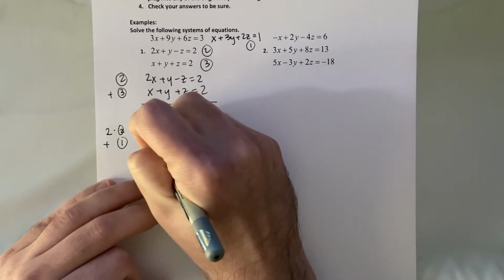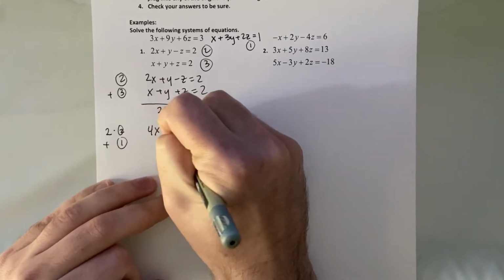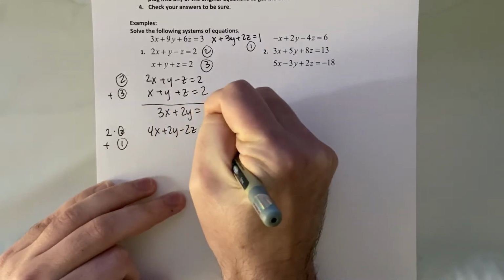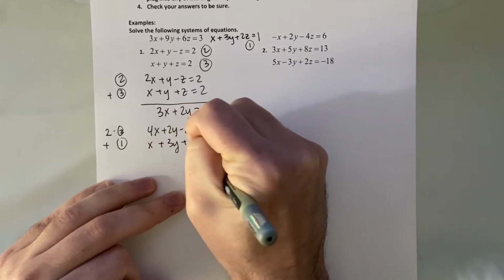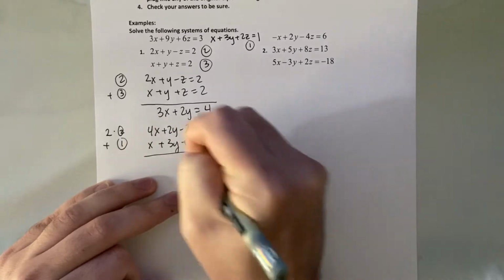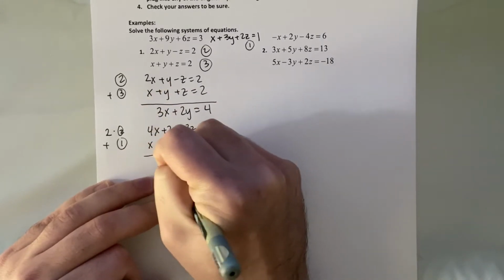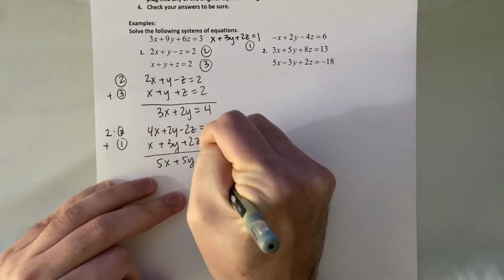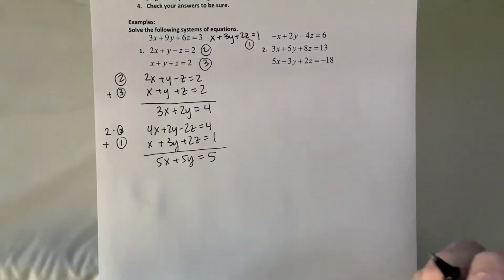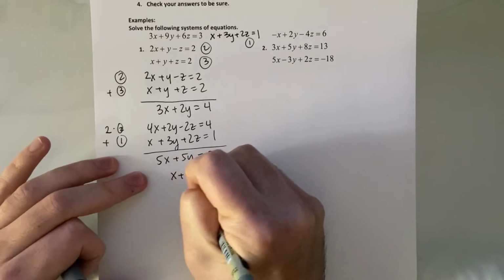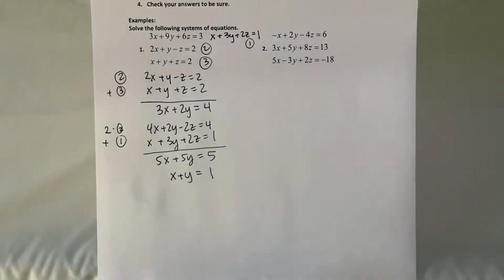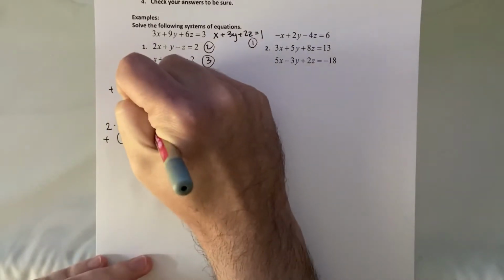That would be 4x plus 2y minus 2z equals 4, combined with x plus 3y plus 2z equals 1 to give me a new equation, 5x plus 5y equals 5. And again, if I can reduce, I should. So that means x plus y equals 1.